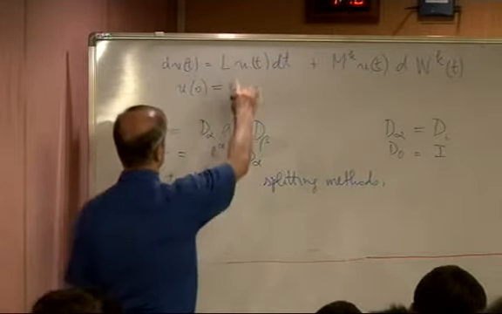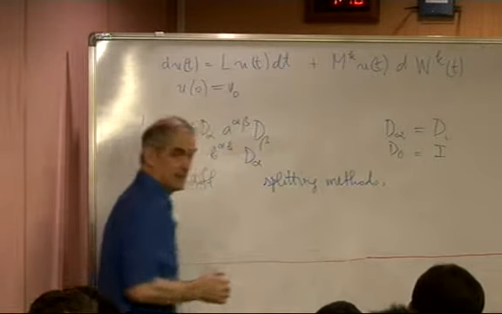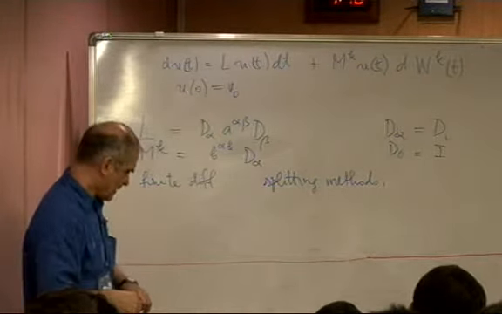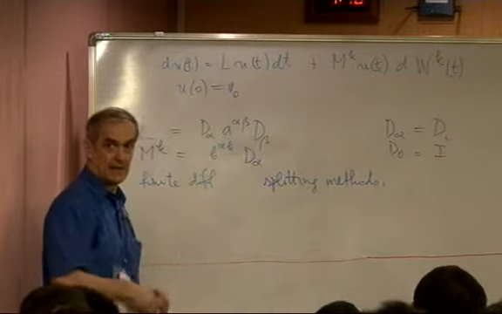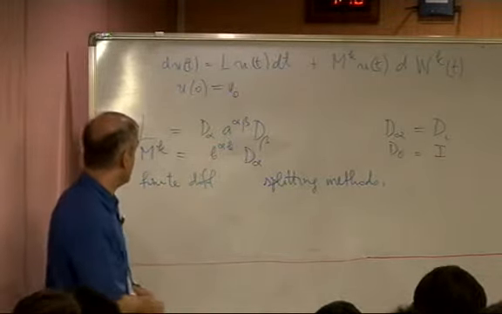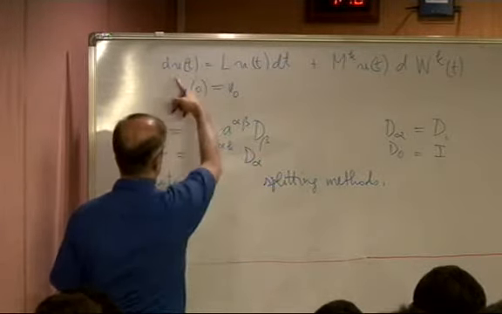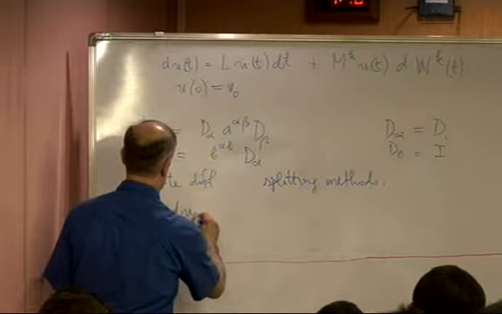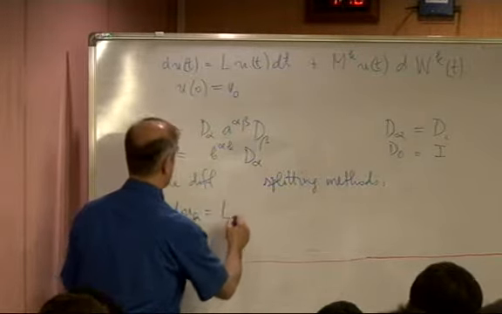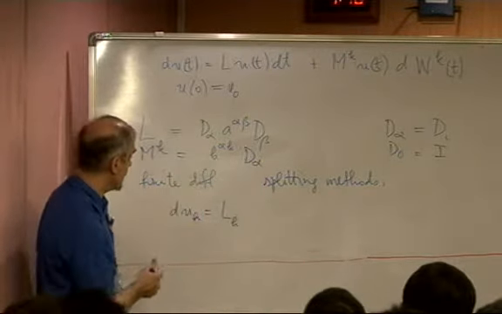For example, if instead of L and M^k we take finite difference operators, so that the derivatives are substituted by finite differences, then we substitute that equation by the finite difference equation. I am doing it just in x now.